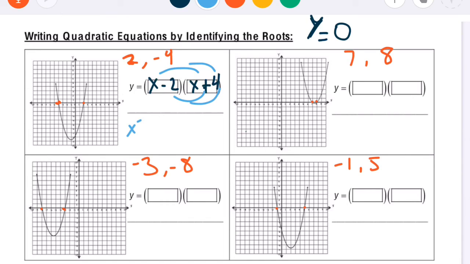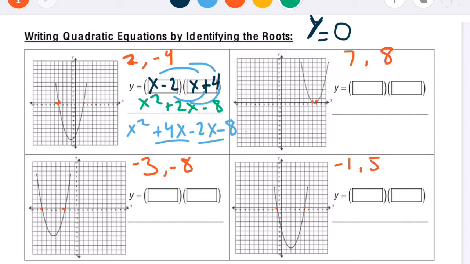So if I do that, I get x squared plus 4x minus 2x minus 8. Last step is to combine like terms. So the equation for this quadratic is x squared plus 2x minus 8.